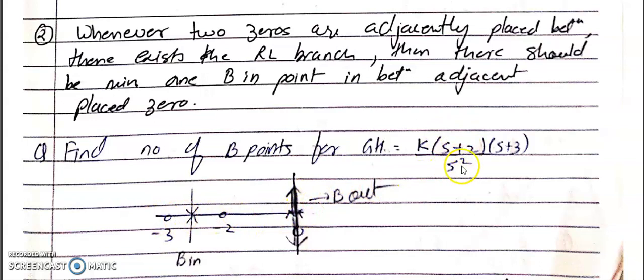Here it is s square, so two poles are there. Between these two poles there is always a breakout point, and these are two adjacent zeros. Here I have not made the line between -2 and -3 bold, but it is bold. It means the root locus exists between -2 and -3, and hence there is always a break-in point.